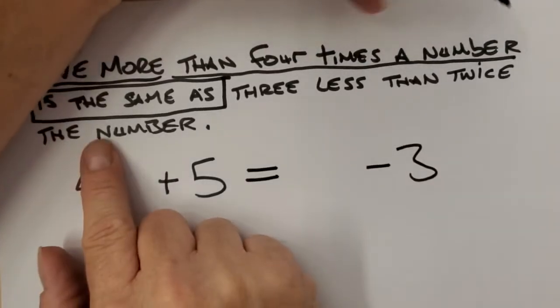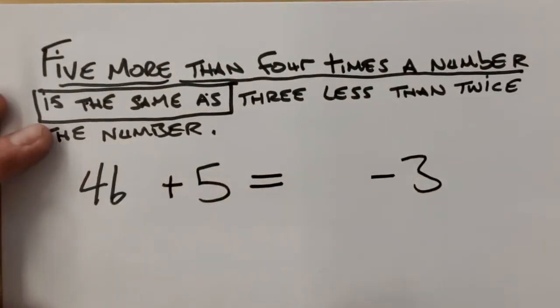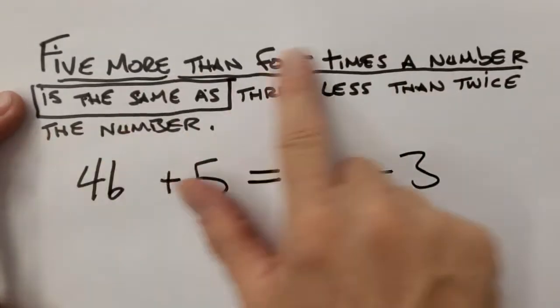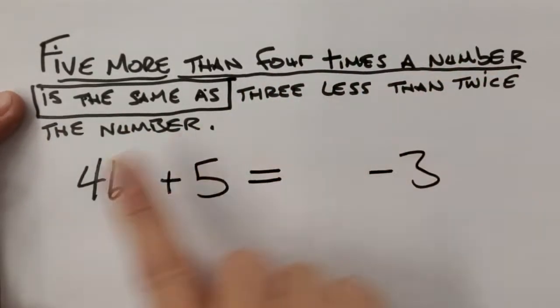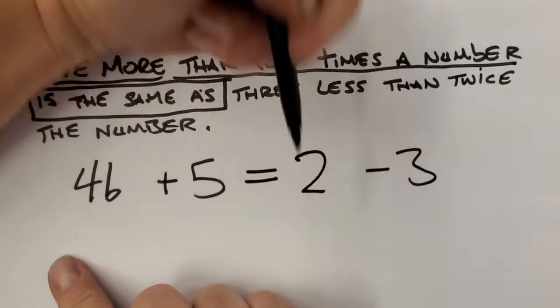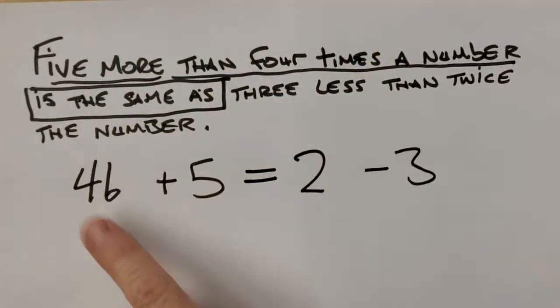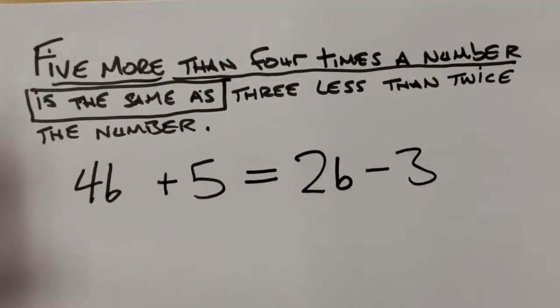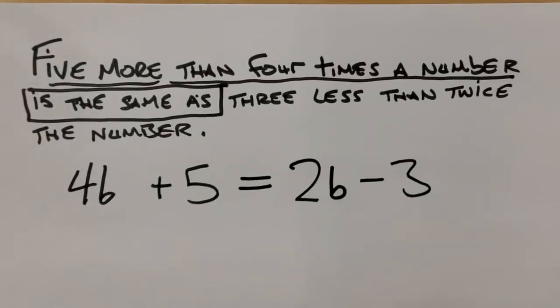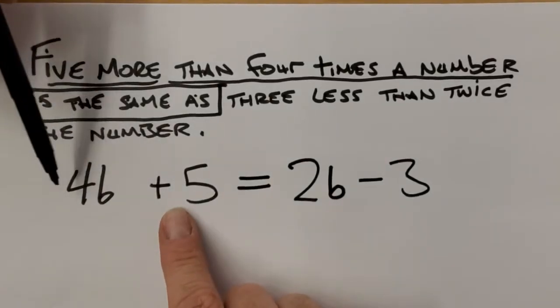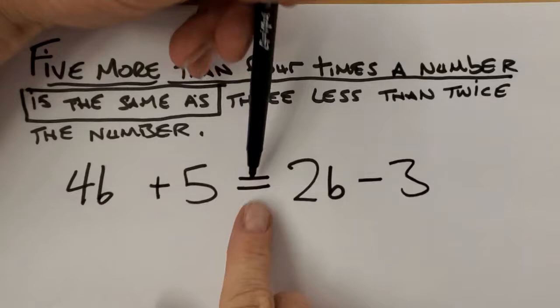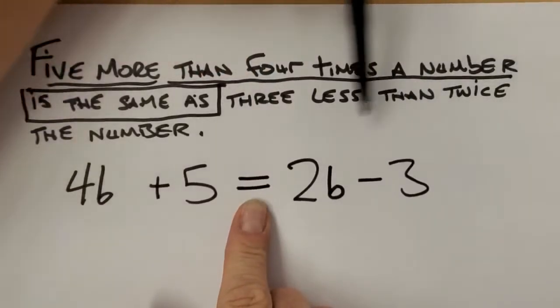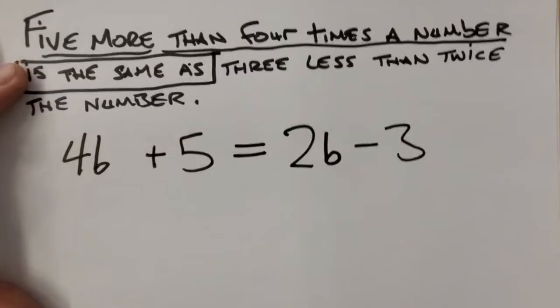Twice the number. What do you mean the number? Well, twice the number, meaning twice the number we've already mentioned. So guess what? The coefficient is 2, the variable is b. Okay? So this is 5 more than 4 times the number is the same as 3 less than twice the number. So here you have it.